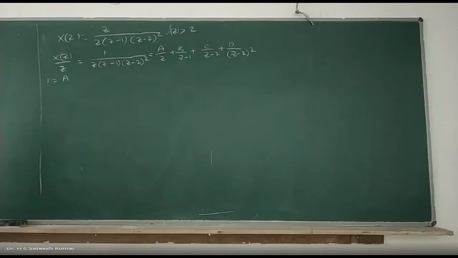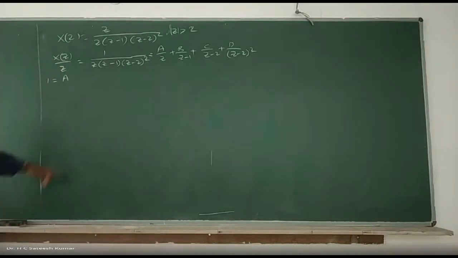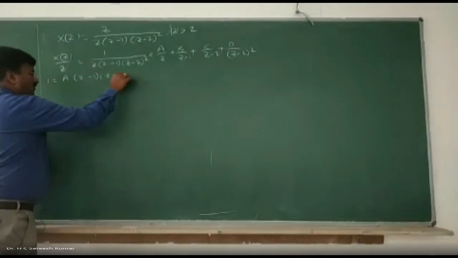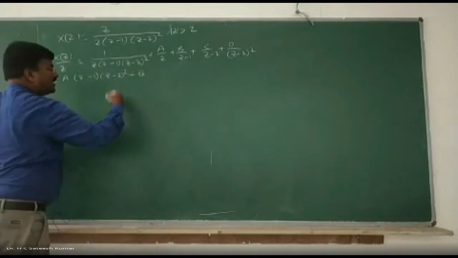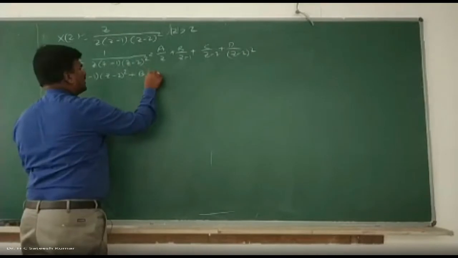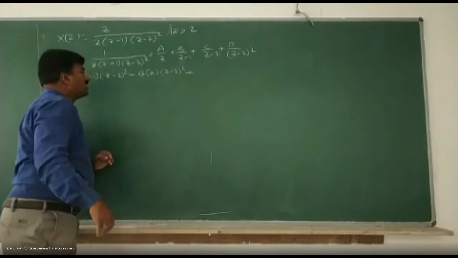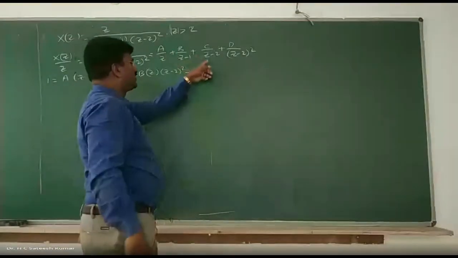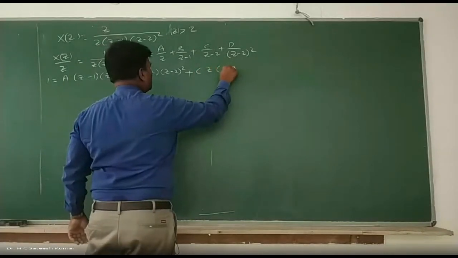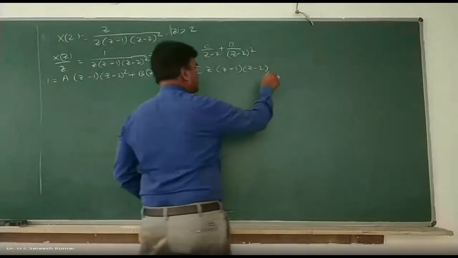A into, divide the left hand side of the denominator by z. What will you get? z gets cancelled. What is left out? z minus 1 into z minus 2 whole square, plus B into, divide the left hand side by z minus 1. What will you get? z into z minus 2 whole square, plus C into, divide the left hand side by z minus 2.